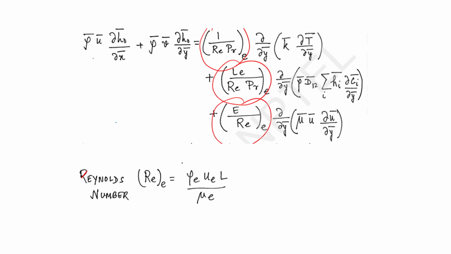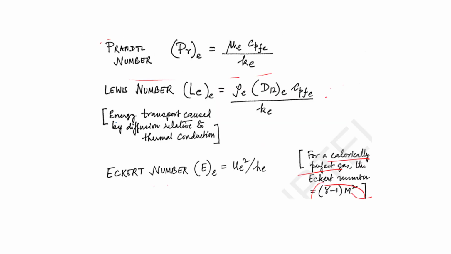Here all the quantities with bar are non-dimensionalized quantities, and this Re, Pr, Le and E are non-dimensional numbers, where Re is nothing but Reynolds number, which is given by rho e u e L upon mu e. Prandtl number Pr is given by Pr equal to mu e Cpfe upon ke.